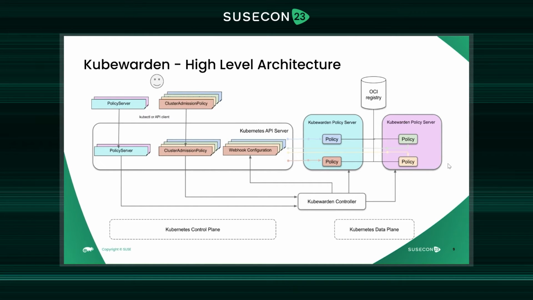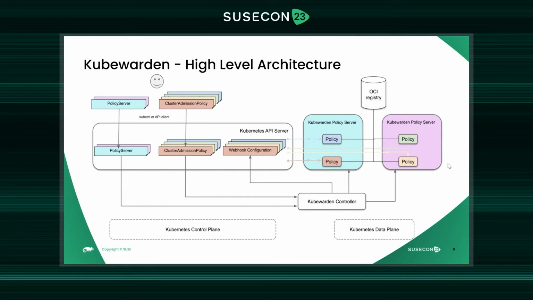Right? If you look at the architecture of Kubewarden, the Kubewarden stack is made of the following components: an arbitrary number of cluster admission policy resources. You can see there are multiple cluster admission policy resources available, multiple policy servers available, as you see in the architecture diagram, and a Kubernetes controller.